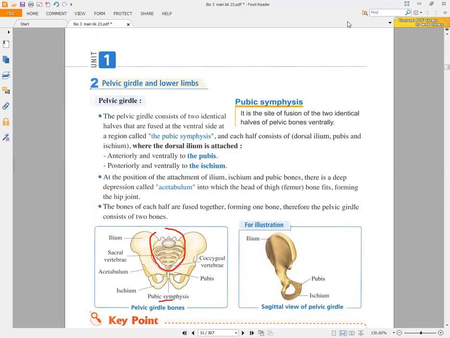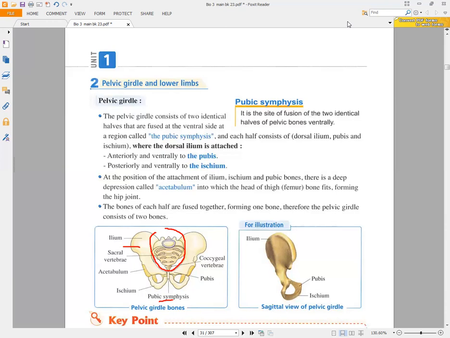Also, if you want to find the structure of the pelvic girdle, you will find that each half consists of three bones attached to each other. Here we will have a dorsal ilium. Why is it dorsal? Because it's attached to the sacral vertebrae, so it's from the back. Also, we will have two bones present from the ventral part.